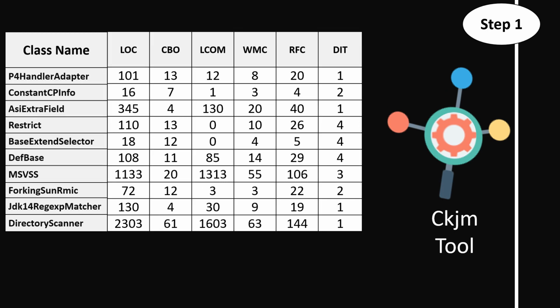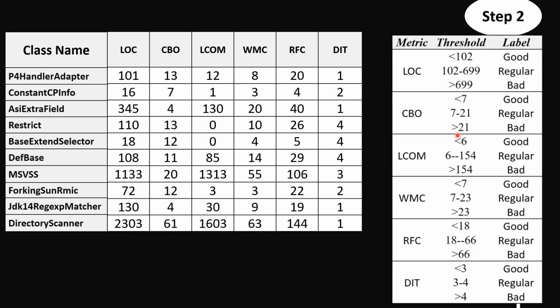In the second step, we will use the table on the right side to convert the extracted values into three levels of quality. The table contains metric thresholds, where each metric has two thresholds to identify three levels of quality, which are good quality level, bad quality level, and regular quality level.